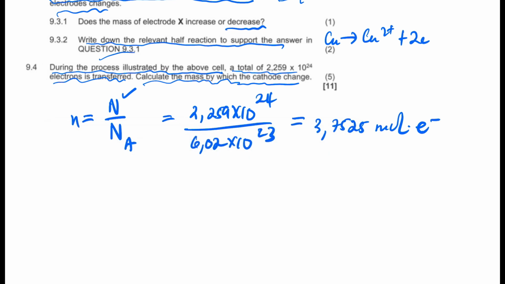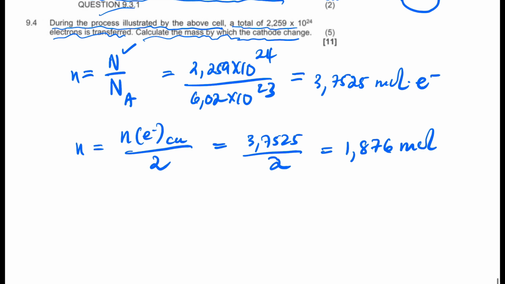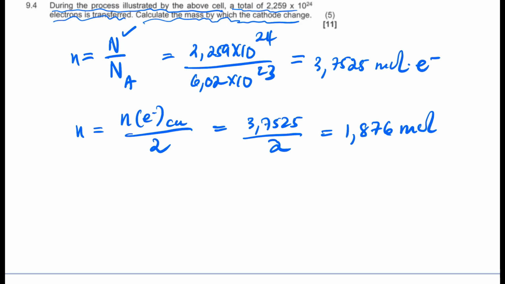So from here, I want the number of moles of copper, so I take the number of moles of electrons and divide by 2. Where do I get the 2? There. So it will be 3.7525 divided by 2. So when I divide it by 2, it will be 1.876 mole, right? Mole.